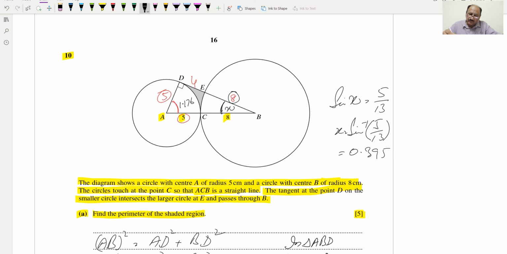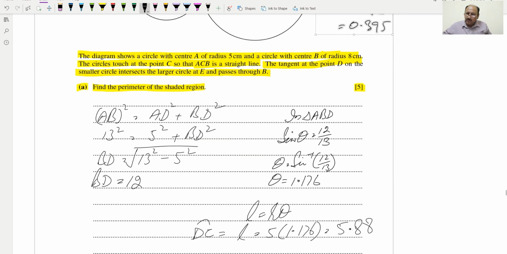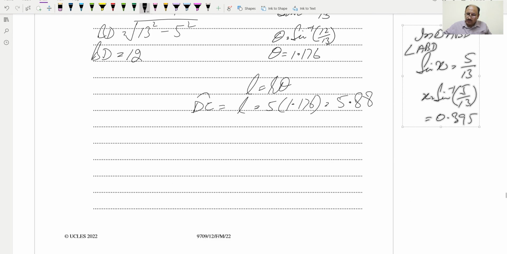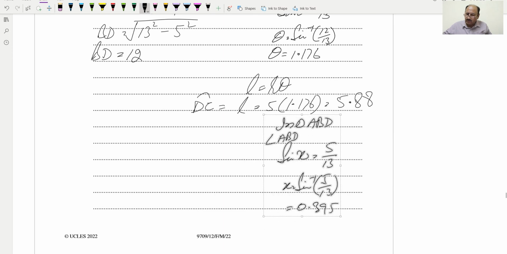This is in triangle ABD, angle ABD. So this is the working which we can shift into the main working part, like over here. This is the working for that.